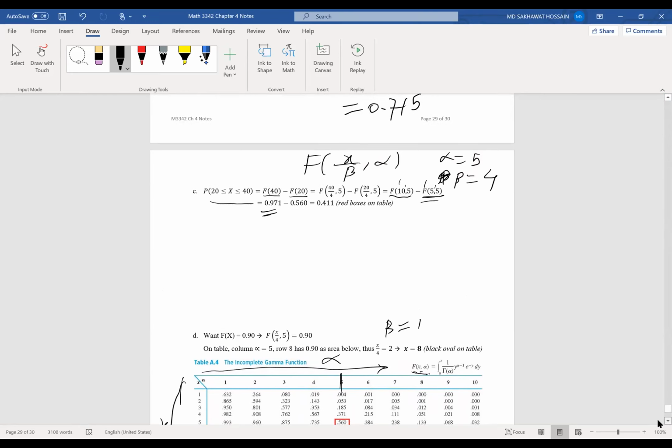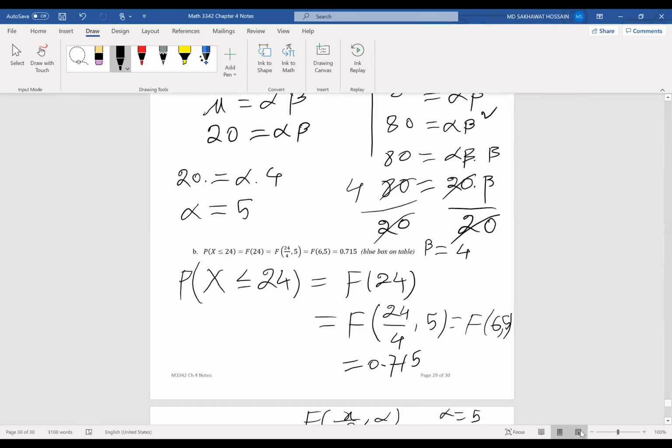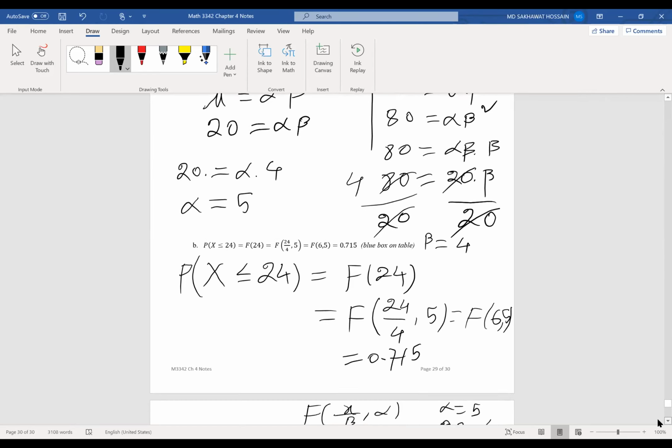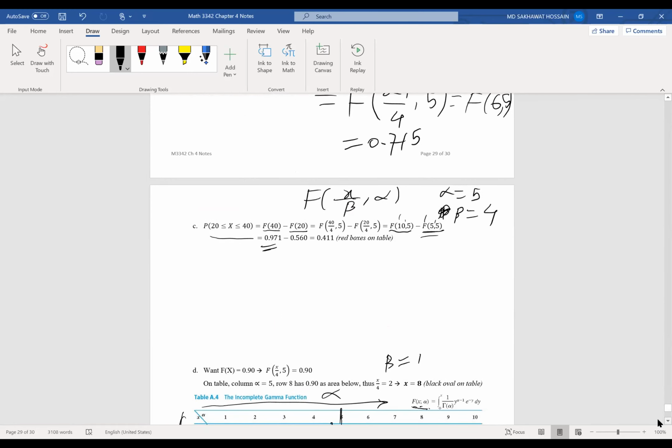You have to look for x equal to 5 and alpha also 5. This is 0.560. Now if you simplify this, it will be 0.411.